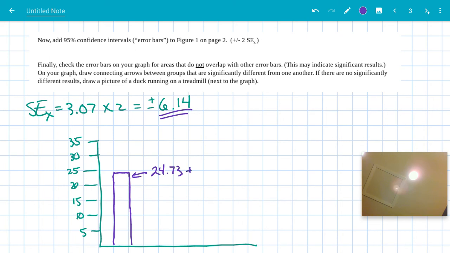If you added 6.14, you would get 30.87. So I'm going to draw a line at 30.87 roughly. And then if we subtracted 6.14, we're going to get another line at 18.67. Sorry, I can't read my handwriting. We'll say 18.67.